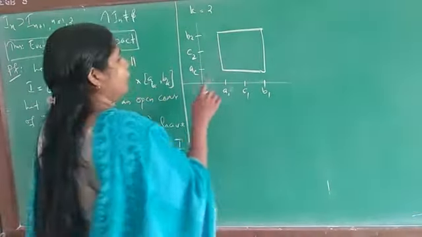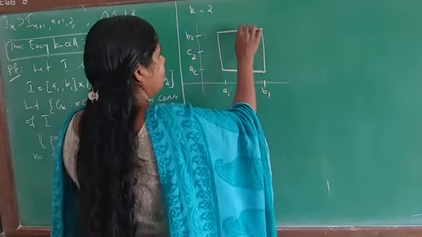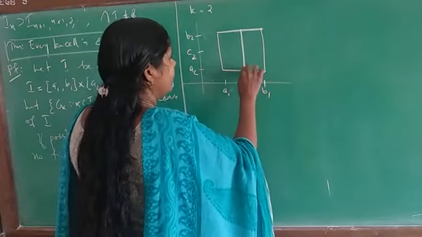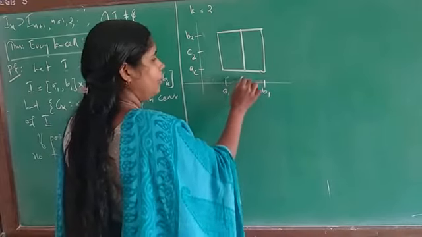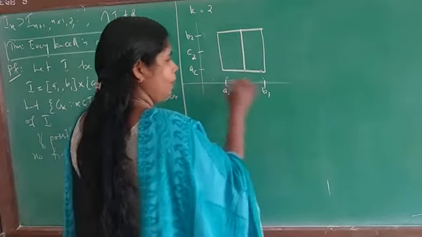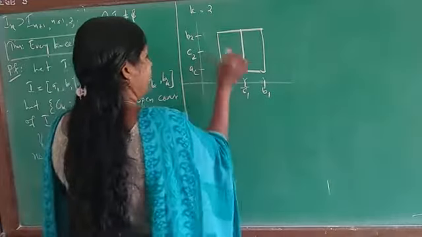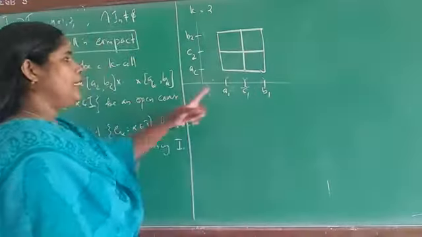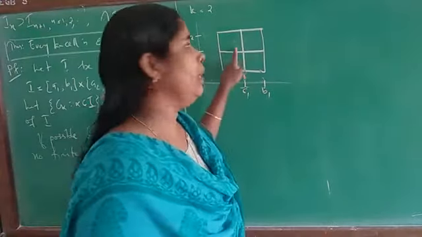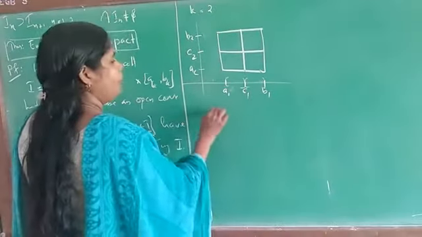Along these midpoints, you can divide the intervals into two: the interval [a1, c1] and then [c1, b1]. Similarly, here also you have a division like this. So these midpoints determine four subcells.